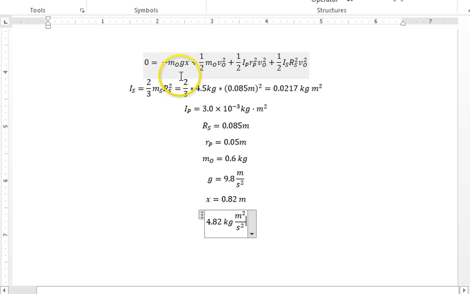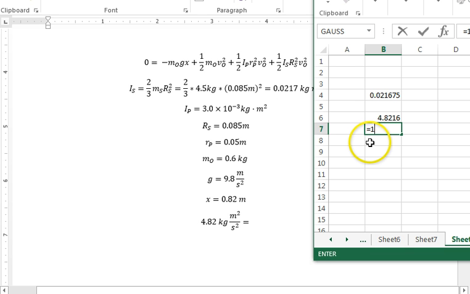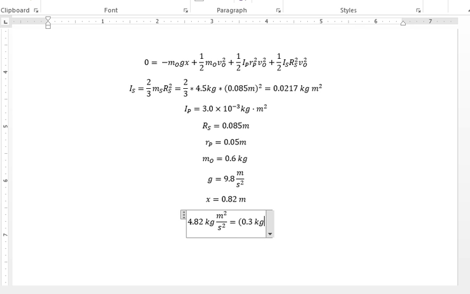Kilogram meter per second squared times a meter, right? Equals. So 1/2 times the mass of the object, 0.6, equals 0.3 kilograms, that is the first coefficient.